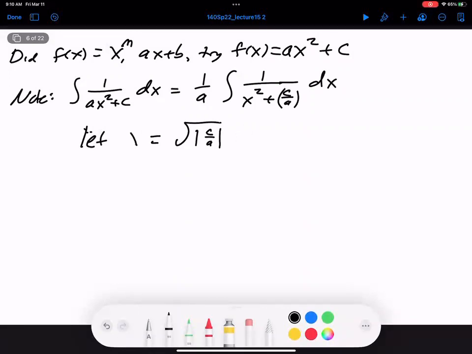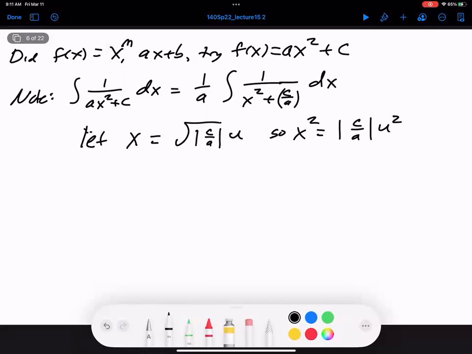I want x to equal the square root of c over a times u. So x squared is the absolute value of c over a u squared. So this is where it's a little bit painful. I have to be careful about the sign. I don't want to be changing variables by multiplying x by the square root of -1.